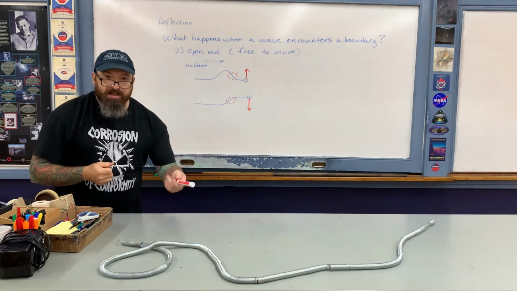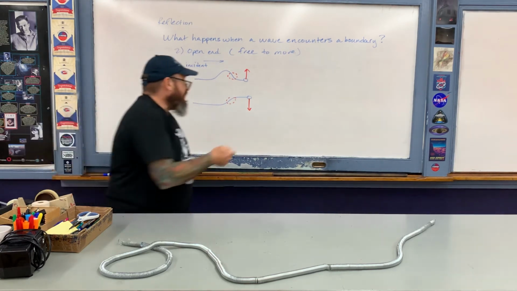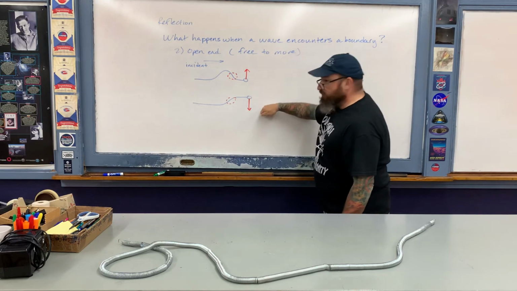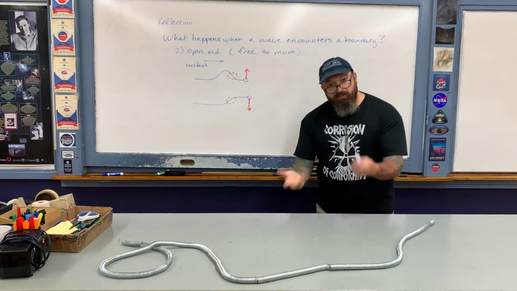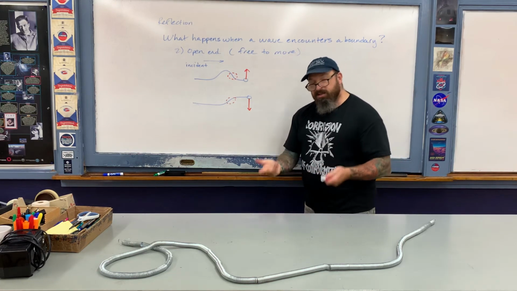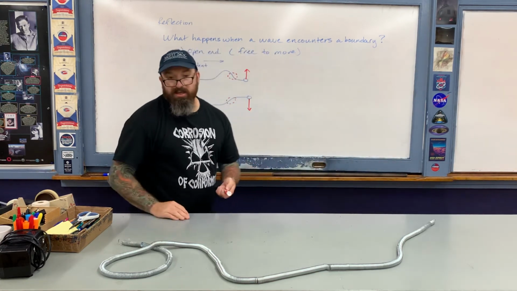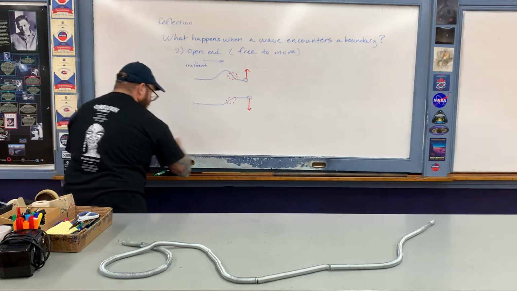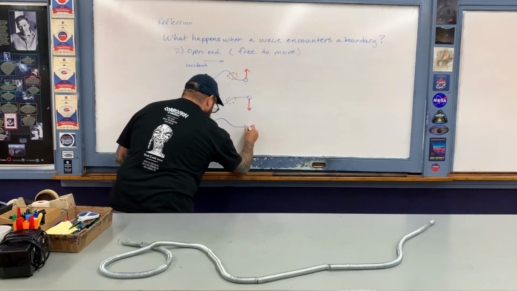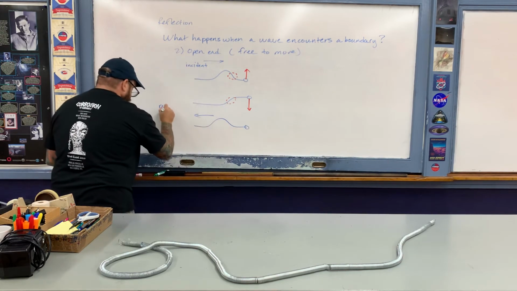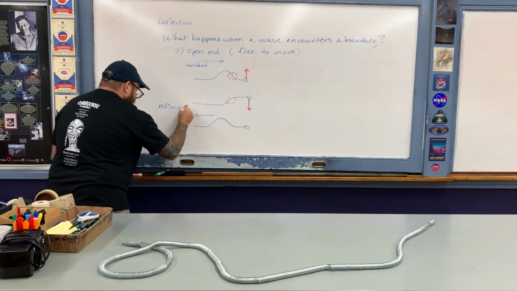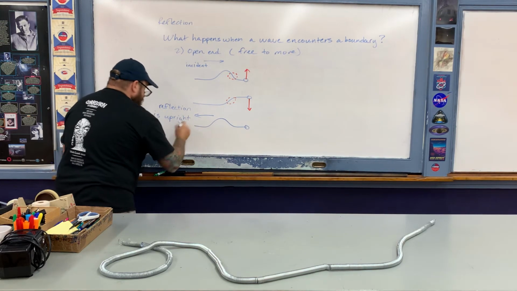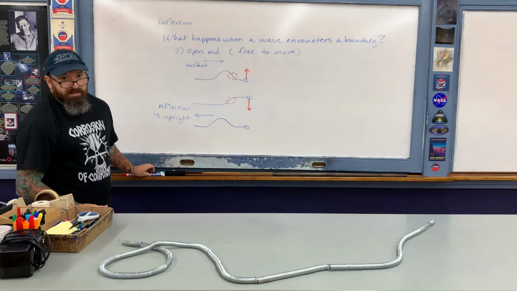In other words, this is analogous to somebody just taking their hand here on the right-hand side of my diagram, moving it upwards and then moving it downwards once again. So you end up with a reflected pulse that has the same orientation with respect to the incident, and the reflected pulse propagates to the left. So the reflection looks like this. We say that the reflection is upright and has the same orientation as the incident pulse.